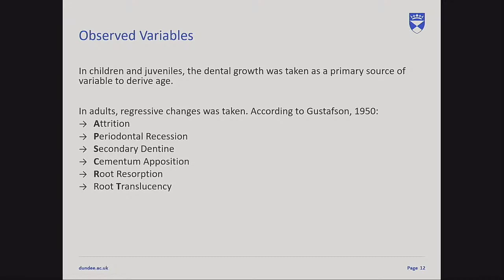These 6, as you can see, are heavily influenced by external factors. Kayak bayangin aja, atrisi itu kita bruxism aja udah berubah. Periodontal regression, misalkan diabetes sudah berubah lagi. Jadi ini sangat terpaku sama faktor-faktor eksternal.